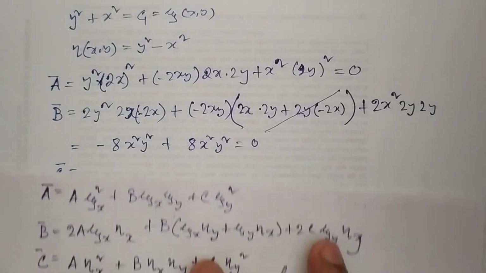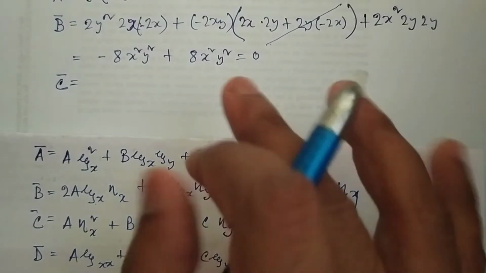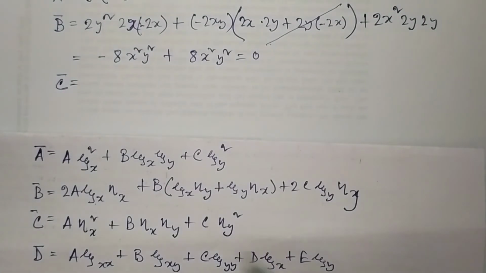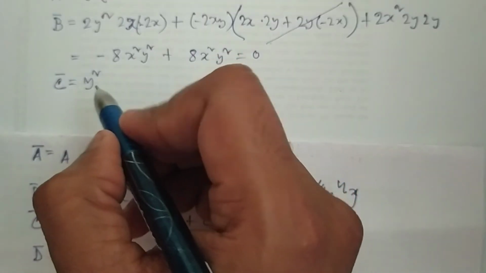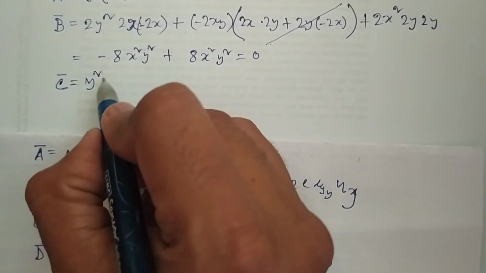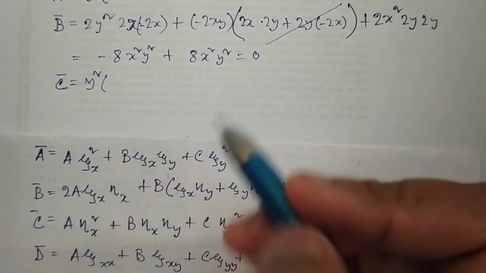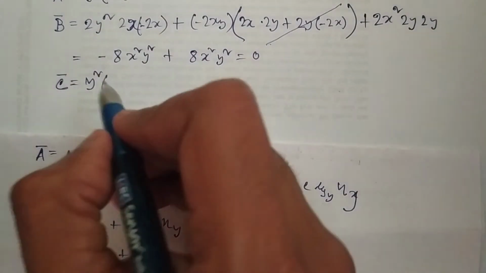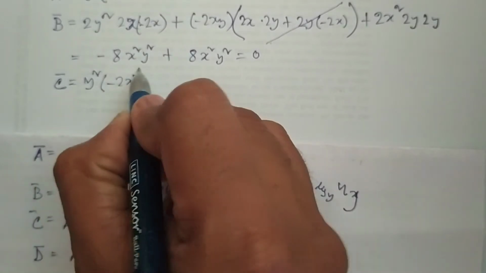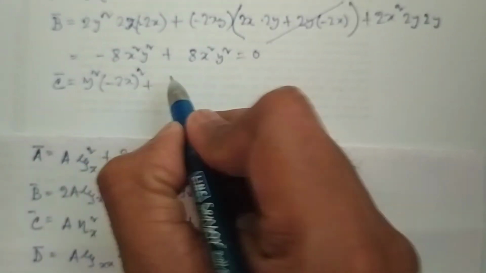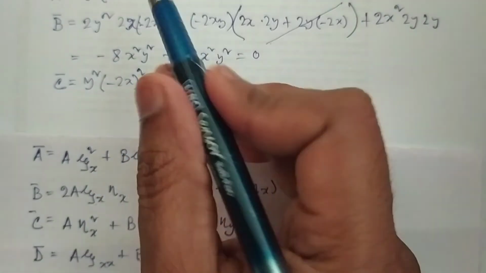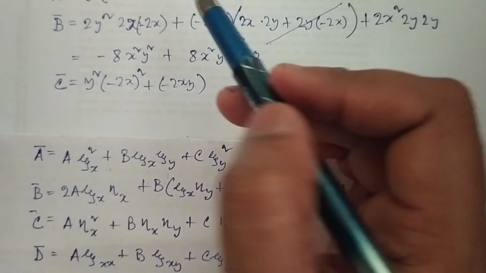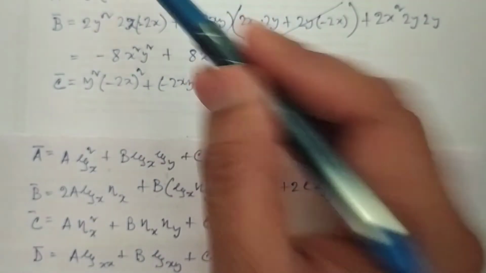And c bar is equal to a eta x square. A is y square, and eta x is equal to minus 2x square, plus b, minus 2xy, b into eta x eta y.